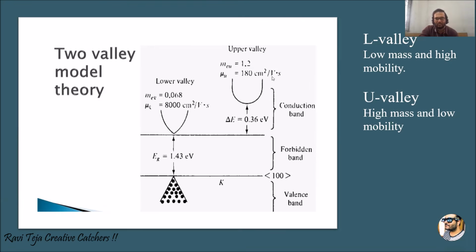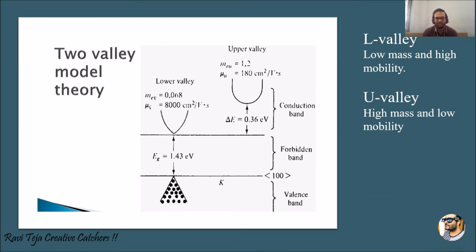Whenever the electrons are moving from the lower valley to the upper valley, as the voltage increases, the current decreases. This decrease of current from the threshold point or peak point is considered as the negative resistance effect. At this particular stage, at this negative resistance effect, our Gunn diode starts working as an oscillator.